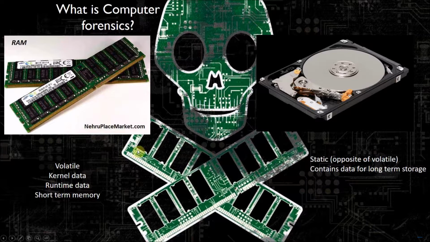Some things that RAM might contain are kernel data, runtime data, and short-term memory. Basically just anything that you don't need for a while. It doesn't matter if you had that data a year down the road. Whereas here on the right, a hard drive takes a much different approach to how it stores memory. A hard drive is more interested in storing data for long-term usage, such as your thesis for your PhD or something.